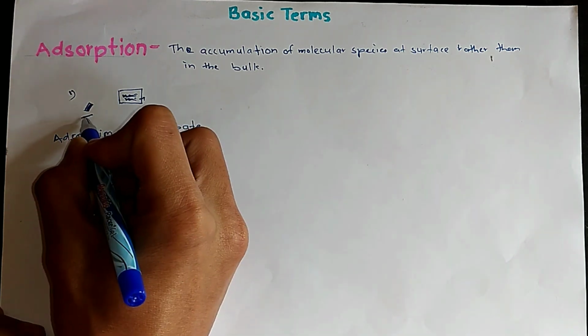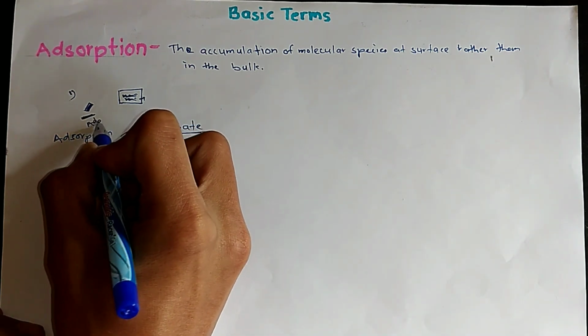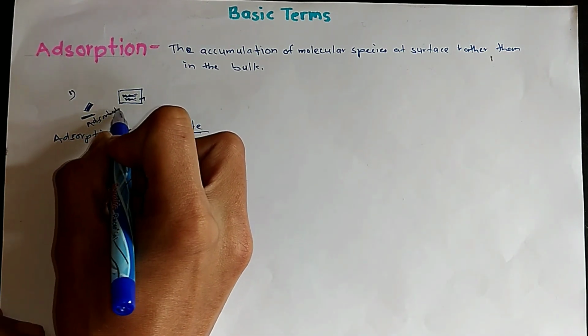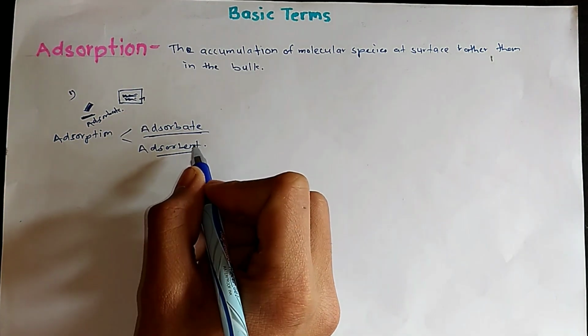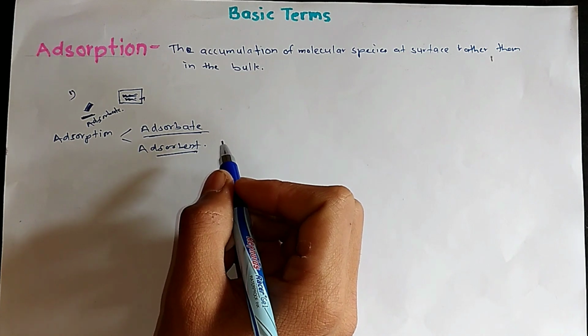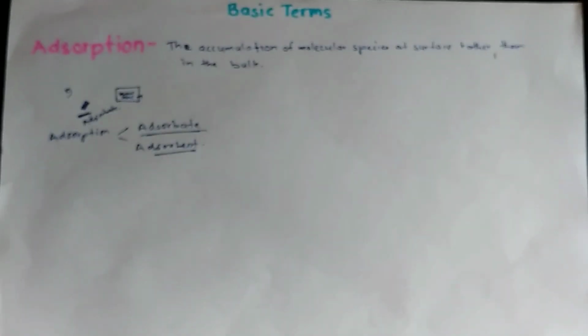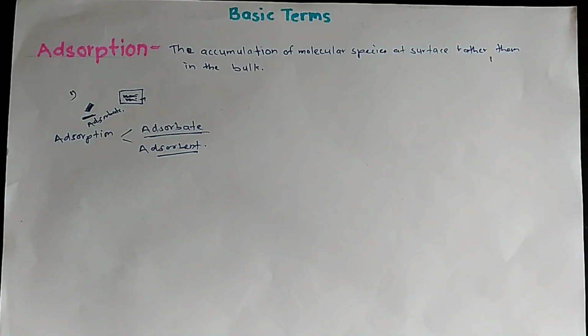In this case, chalk is the adsorbate. What is adsorbent? It is a substance present in the bulk on the surface of which adsorption is taking place.